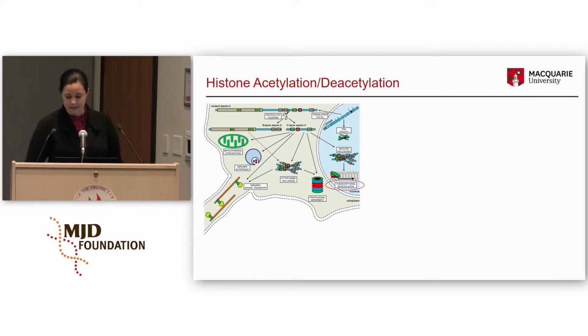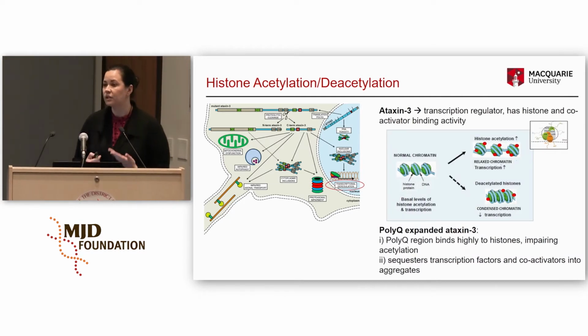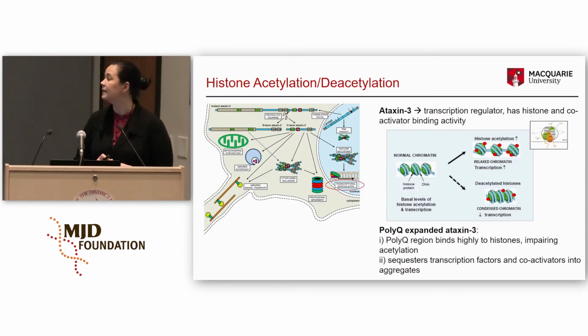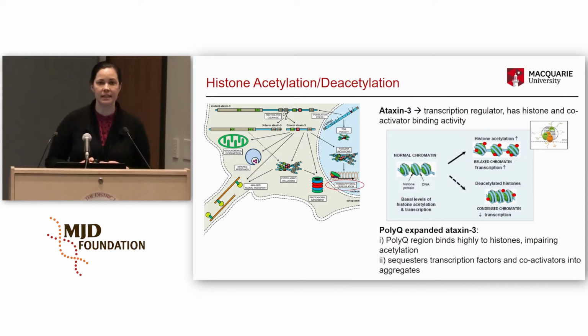The reason for this is that one of the functions of normal Ataxin 3 is to be a transcription regulator, as it has histone binding activity. So what does this actually mean?